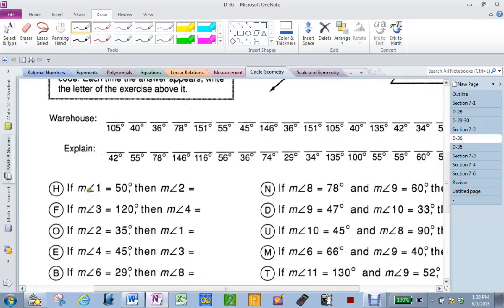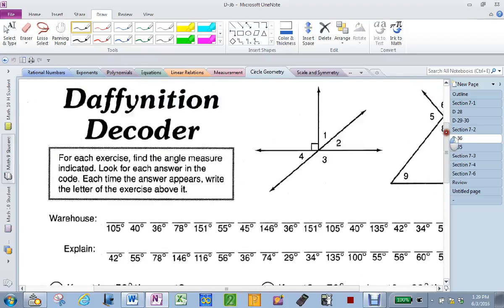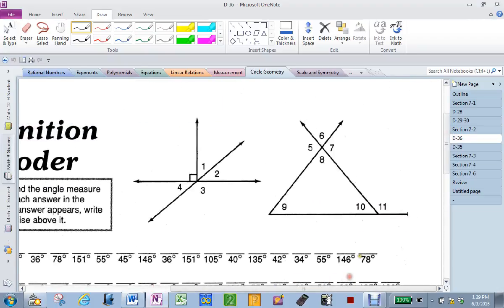So we're going to do the very first one together to show you what I mean. Just the first question. If the M stands for measure, if the measure of angle 1 is 50, then how big is angle 2? So I go up here, and I find angle 1, and it's 50. Now you use that value to find angle 2. And then bets are off. It's going to be a different value with question 2. Do you understand?